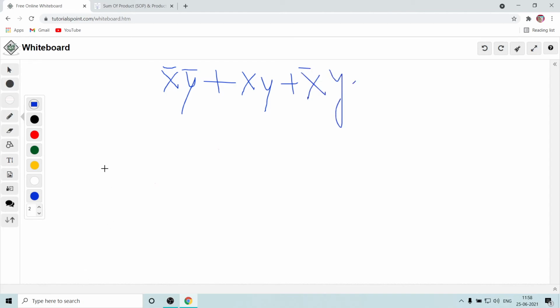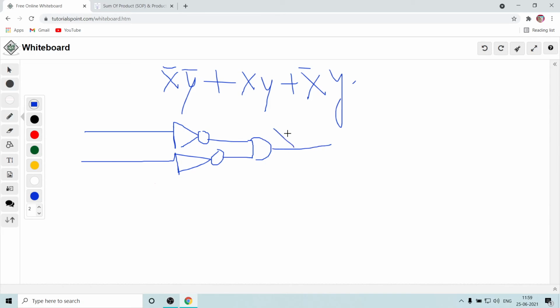Let's make a logic circuit of this. We have two variables. So x bar means a NOT gate, y bar means again a NOT gate, and both of them are connected with an AND gate, not an OR gate, so this will give you a term of x bar y bar.